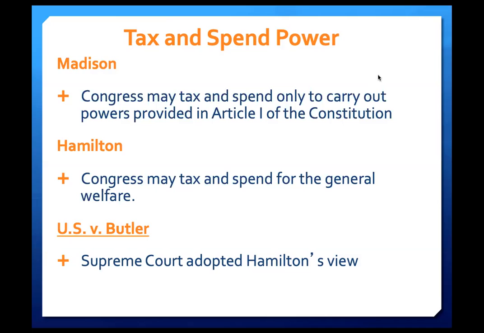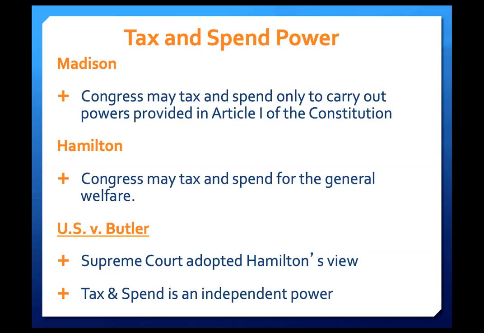They said the power, while it's not unlimited, has limits set by the provision itself, not by the entire section, Article 1, Section 8, that it appears in. And they said there's no debate that the act at issue in that case was within Congress's tax and spend powers.